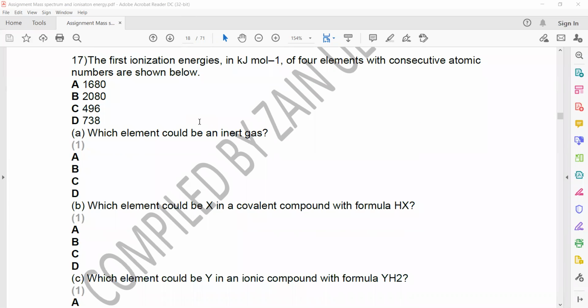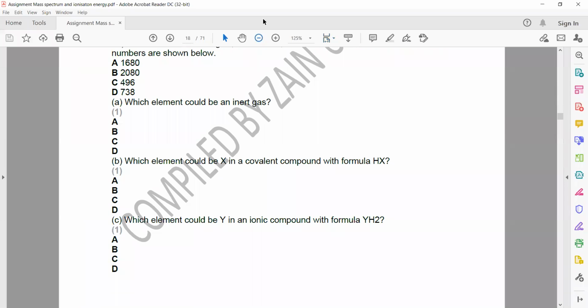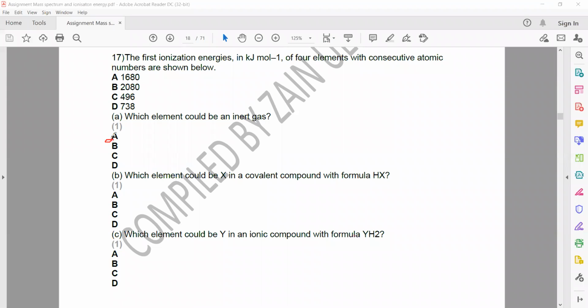The first ionization energy in kilojoules per mole for 4 elements with consecutive atomic numbers are shown. Which element could be the inert gas? The one which has the highest ionization energy will be the inert gas, and they are consecutive, so B will be the inert gas, the highest one.